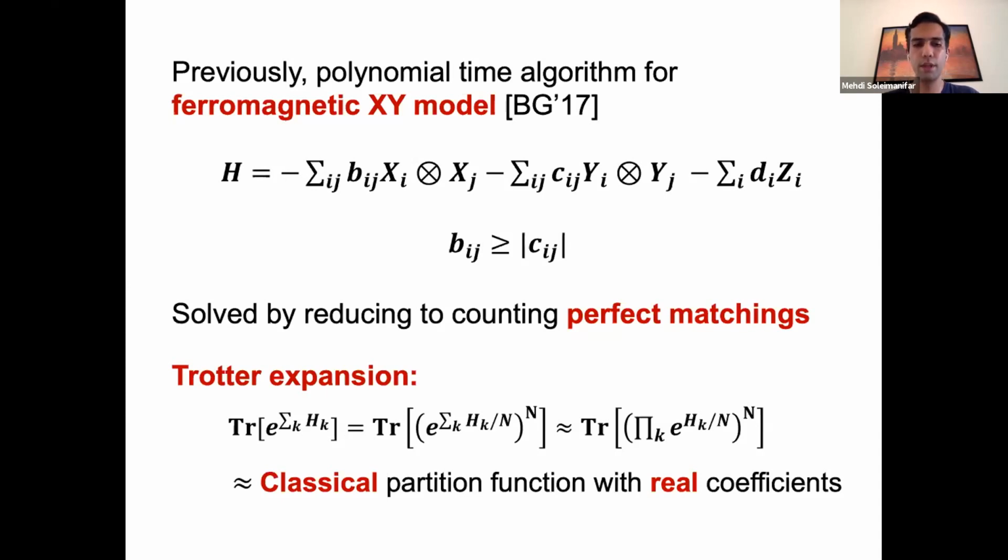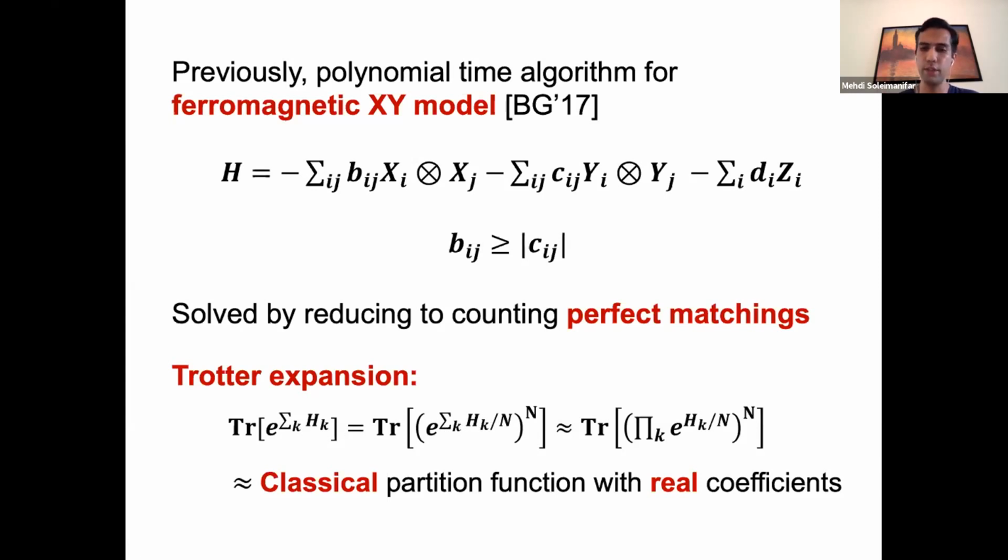So we start with the partition function. It's the trace of e to the sum of these local matrices. And then we trivially just divide the exponent by n and then take the nth power. So nothing has changed.